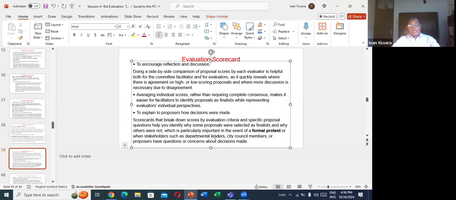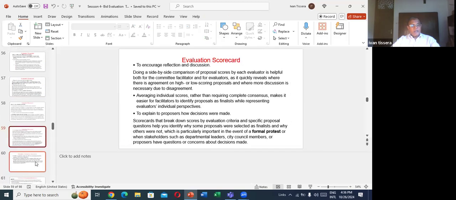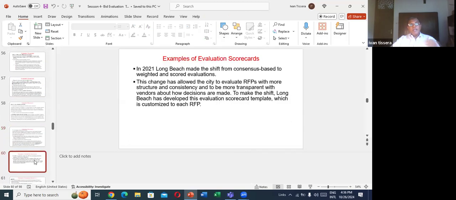Or when stakeholders such as departmental leaders, city council members, or proposers have questions or concerns about a decision made. So not only the bidders' questions, the head of the department or other officials also can get some clarification and justification based on this. Whatever it is, a scorecard is also a way of evaluating things.